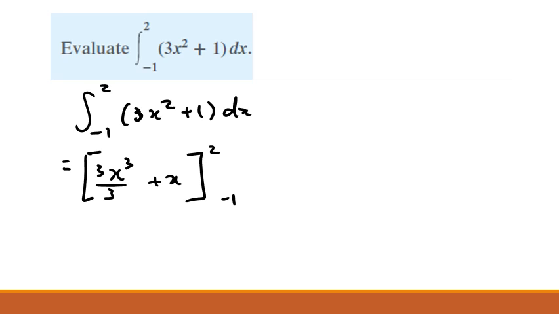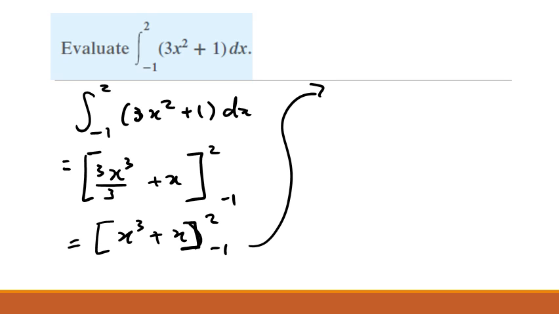Now, you leave the numbers on the outside to tell yourself that you're going to put those numbers in. So this is x cubed plus x, and you have to use square brackets. Then, now sub the numbers in. We're going to sub in 2 first. So we get 2 cubed plus 2.